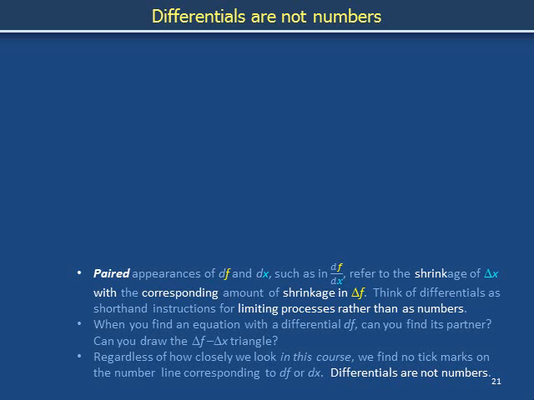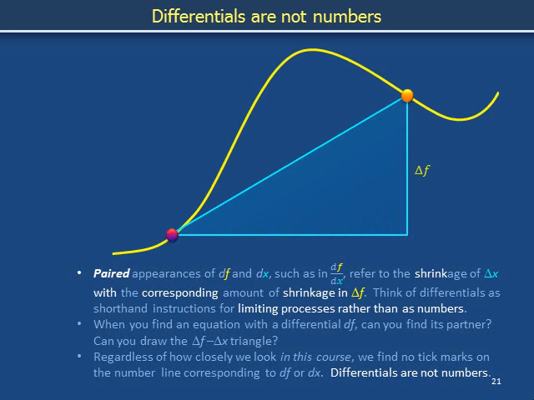Paired appearances of the symbols df and dx, such as in df dx, refer to an unending process of studying successively shrunken but all the while finite numbers delta x, with the corresponding collection of numbers delta f, which themselves could be finite or 0. Think of differentials as shorthand for limiting processes rather than as literal numbers. Here is one example of a finite number delta f and a finite number delta x.